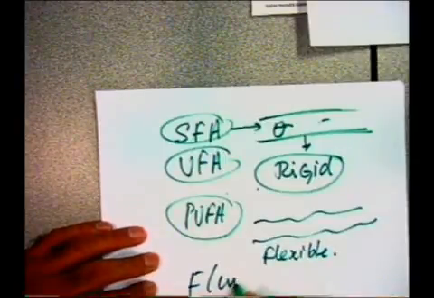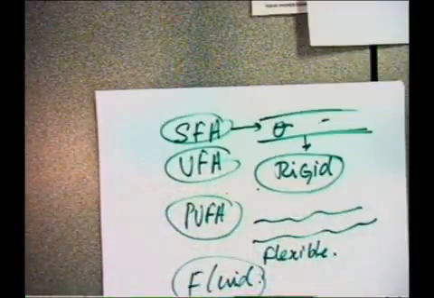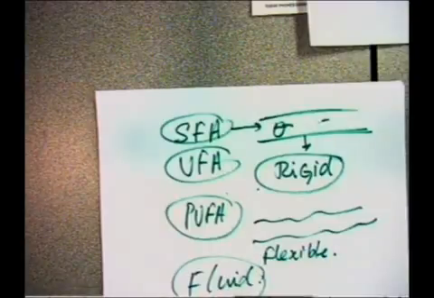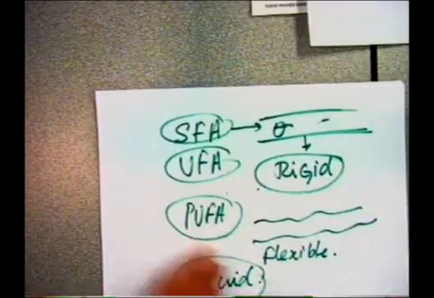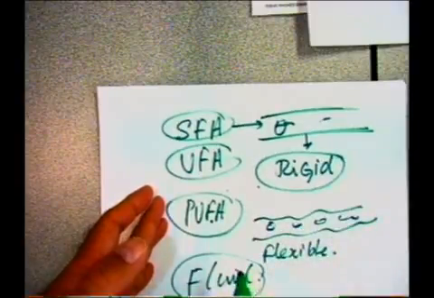In other words, it's more fluid in nature. Why? Because of the unsaturated bond, and it won't give any rigidity with cholesterol. But with the polyunsaturated fatty acid, it is more flexible.